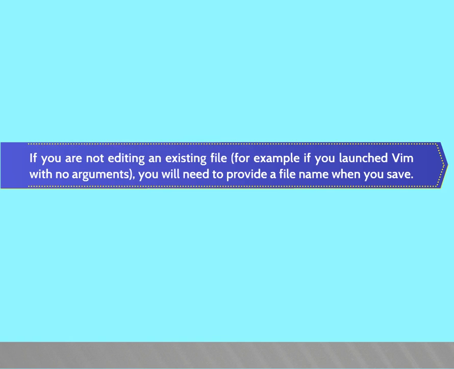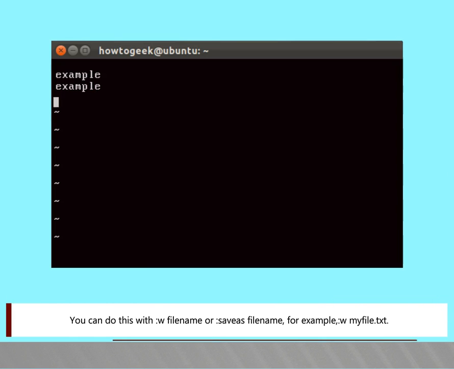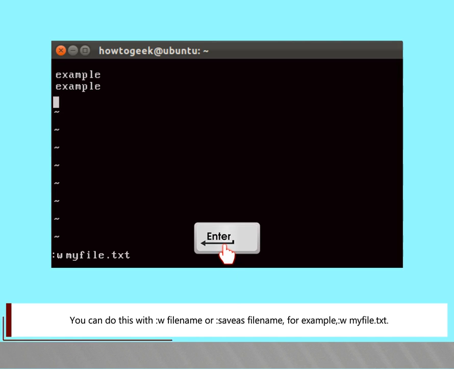If you are not editing an existing file, for example, if you launched vim with no arguments, you will need to provide a file name when you save. You can do this with :w filename or :saveas filename, for example, :w myfile.txt.